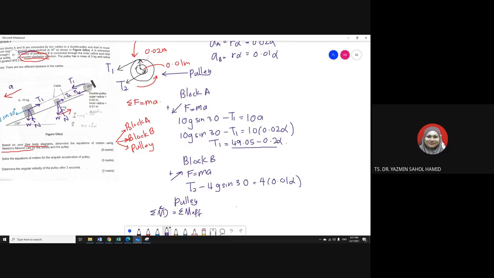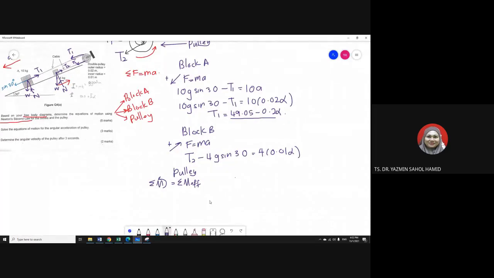When you take moment, T1 will be positive, multiplied by the radius, minus T2 multiplied by the radius, equals to I alpha.